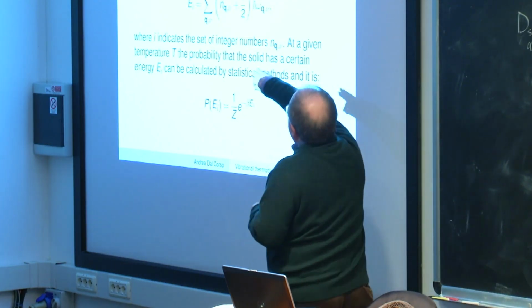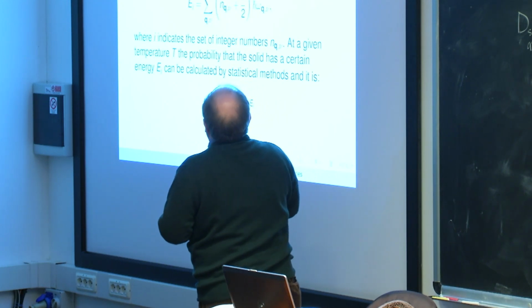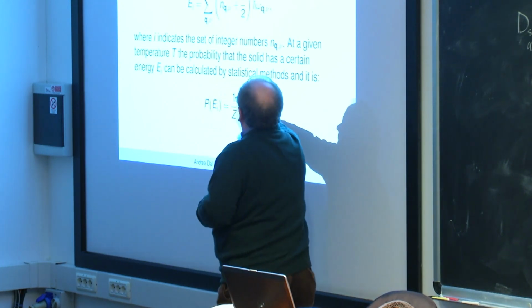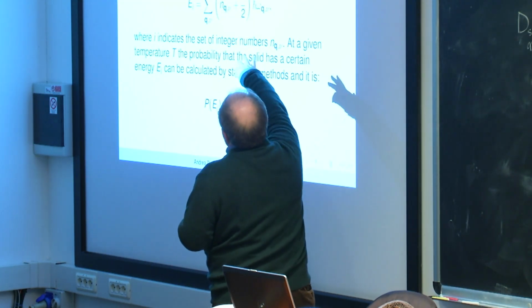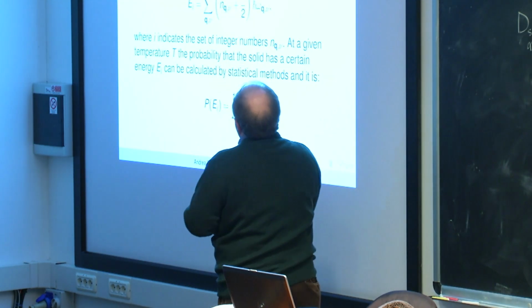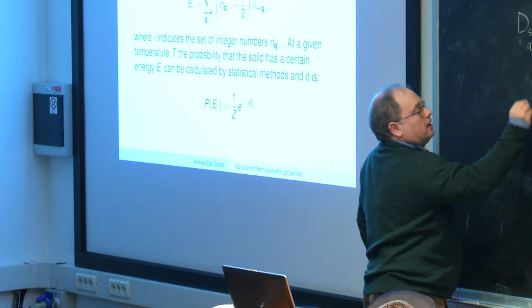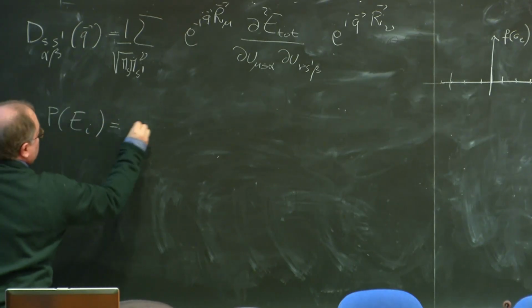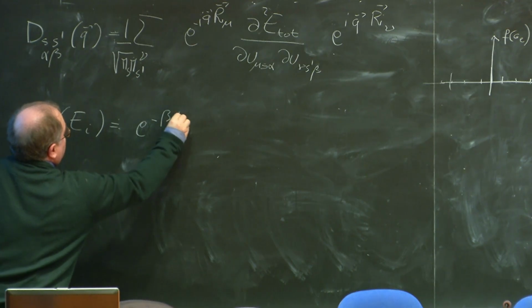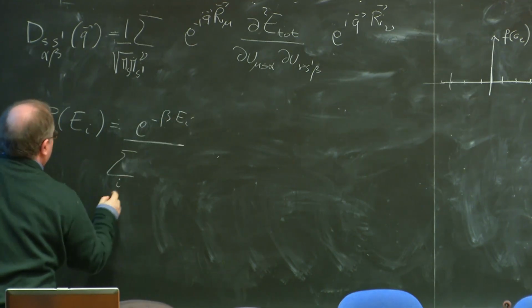Well, if the energy is that one, you can use a simple Boltzmann factor to say that the probability that the phonon system has that energy ε_i is given by e to the minus beta ε_i divided by the sum over all possible states i.